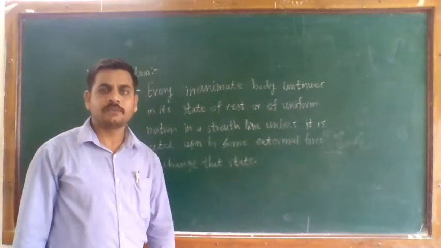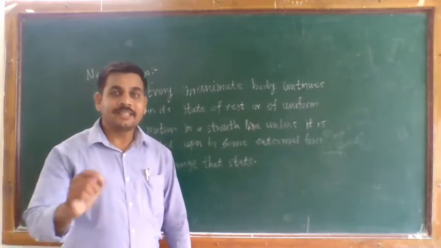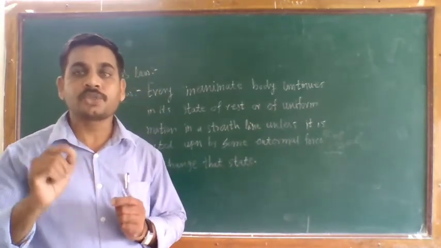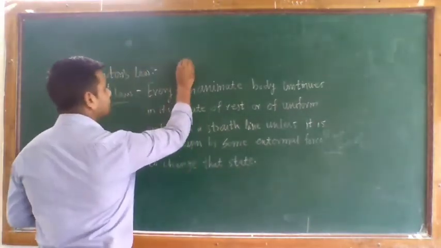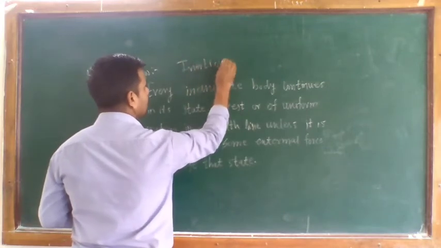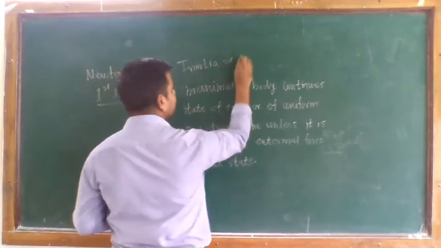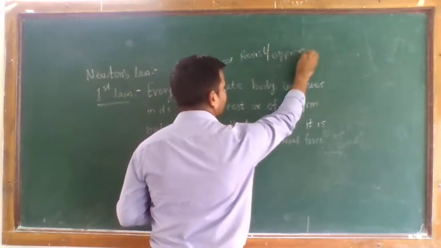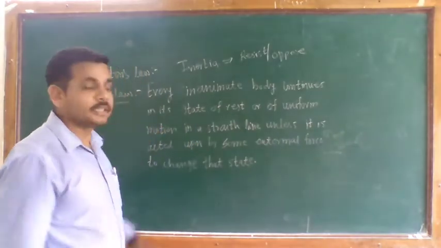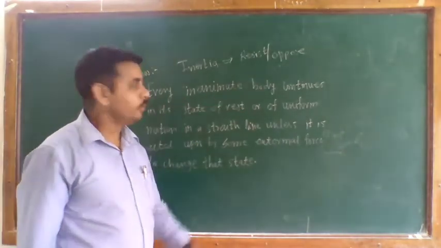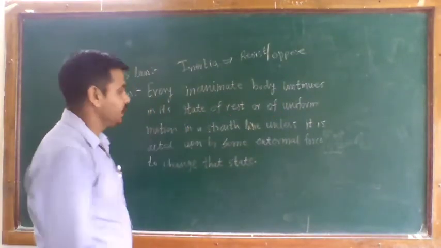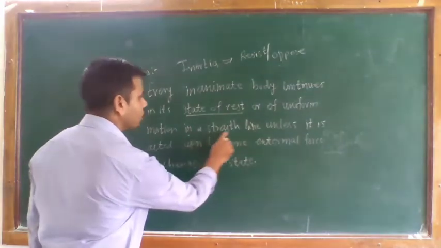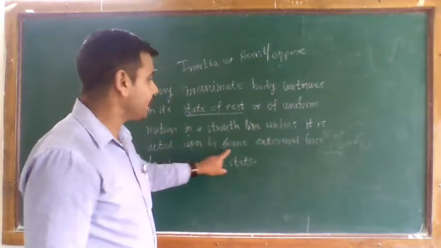Now in a previous section we studied inertia, and inertia is nothing but the resistance or opposition to change of state. Here also we say that a body continues in a state of rest, or uniform motion in a straight line, unless it is acted on by some external force.